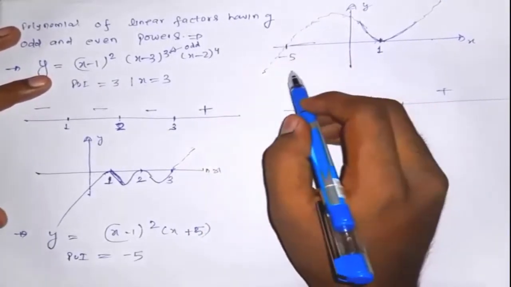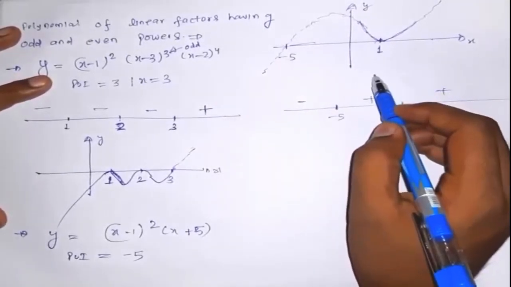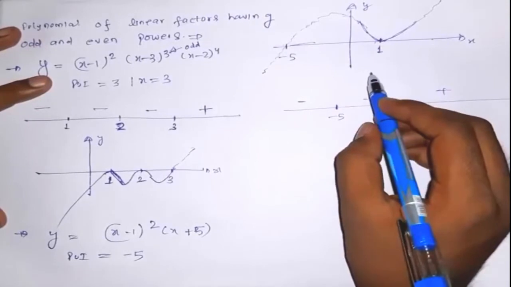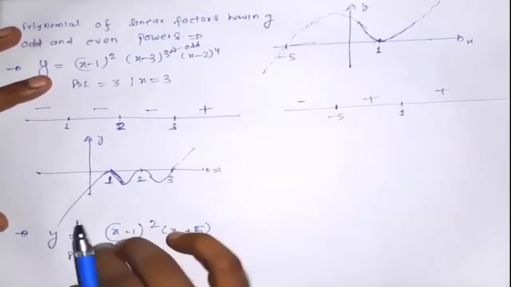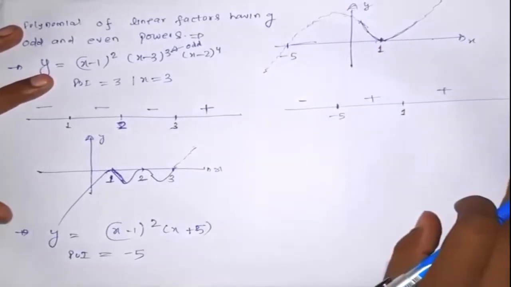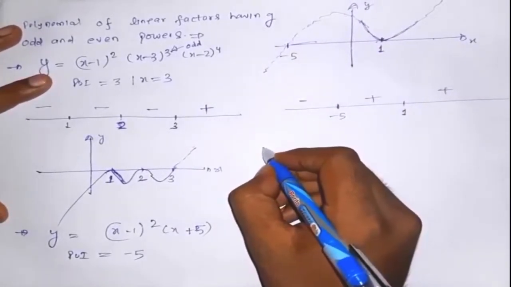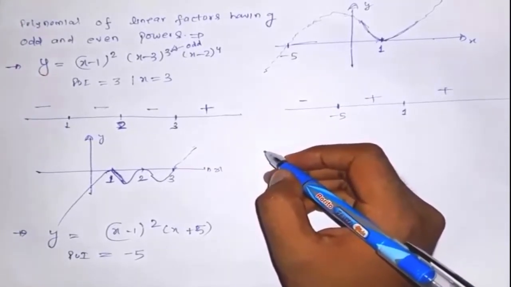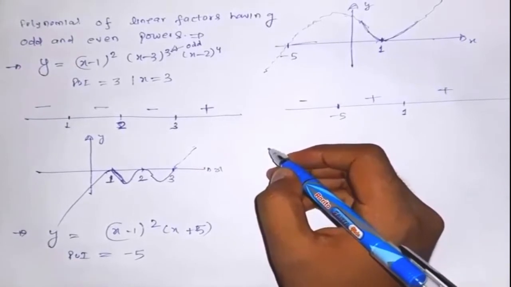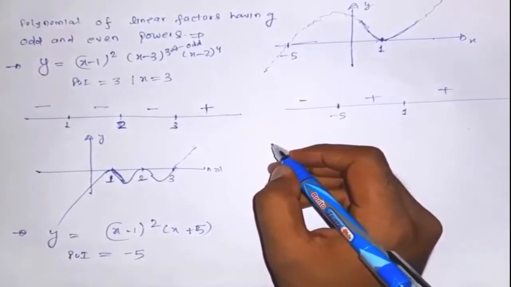Here the y-axis, here the x-axis. x equals 1 is the root of this curve, or of this function, if we put (x minus 1) squared times (x plus 5) equal to 0. So this is the rough graph of this function. Here the domain is minus infinity to plus infinity, and the range is also real, minus infinity to plus infinity. So the rough graph of this curve will be like this.